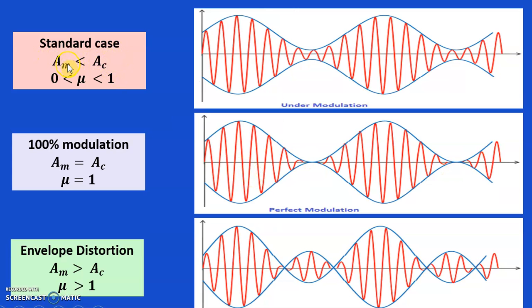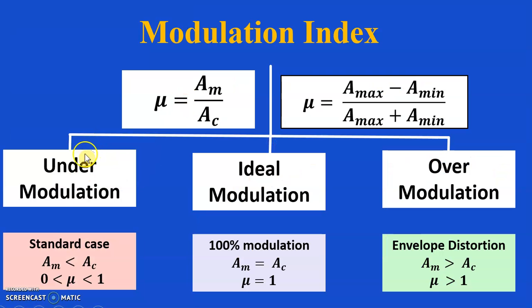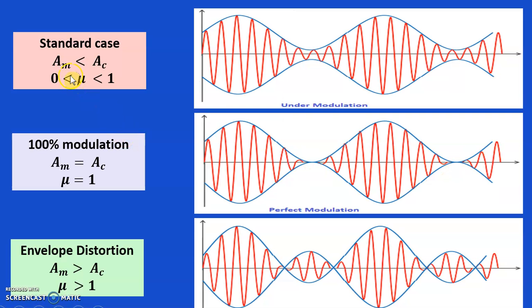Okay, so the standard case, or the under modulation, when AM, the amplitude of the message signal, is less than the amplitude of the carrier, that means mu is greater than 0 and less than 1. So in this case, we will have the modulated signal which has the following shape.